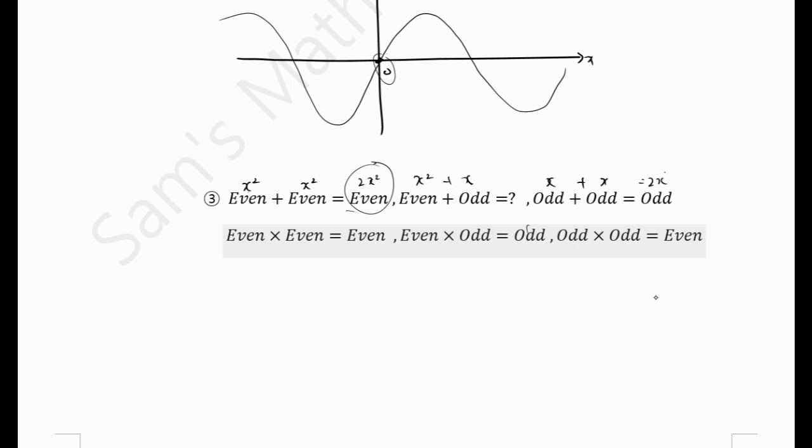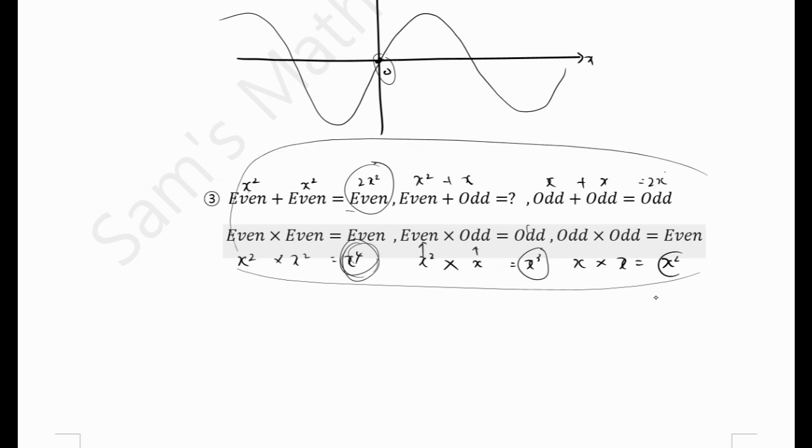Even times even, we can input x squared and x to the power of 4; it's an even function. x squared times x is x cubed, which is odd. Odd times odd, x squared, is an even function. We can check this by inputting simple even and odd functions.